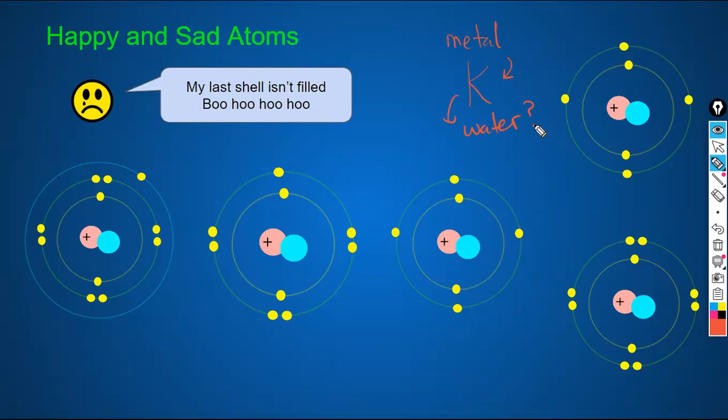I'm sure your teacher has warned you about this already. In fact, in the lab, you are not allowed to even touch potassium because whenever potassium touches water, it explodes. There's an explosive reaction.